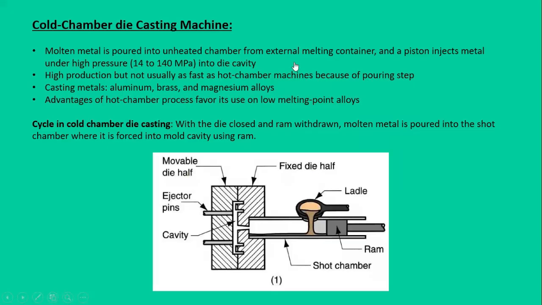Now moving towards the second type of the pressure die casting, that is the cold chamber die casting. Molten metal is poured into an unheated chamber from external melting. The difference between the hot chamber die casting and the cold chamber die casting is that in the hot chamber die casting, metal is melted in the same machine.